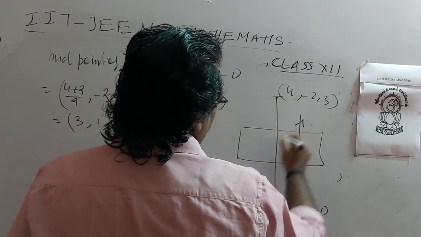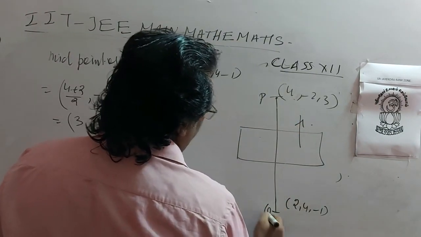So the direction of the normal will be PQ.